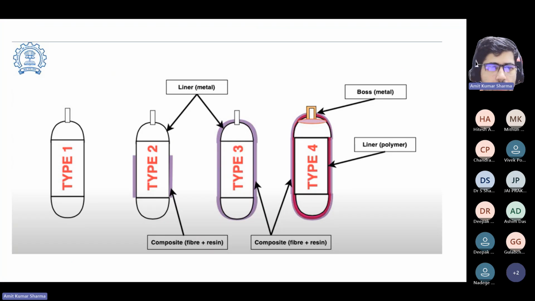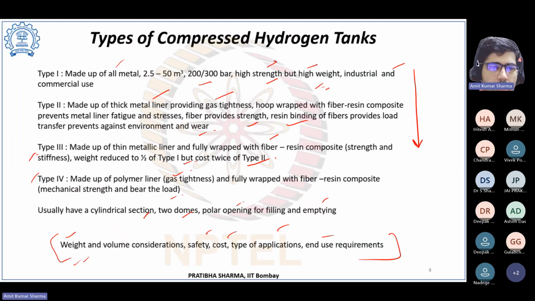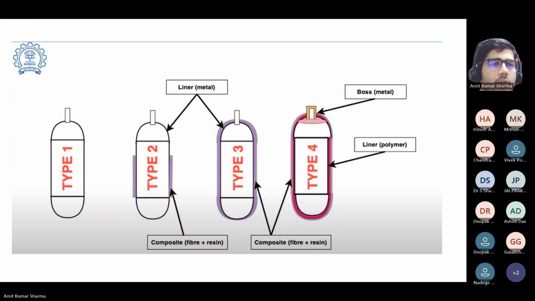Now let's see the types. So cylindrical, with two domes mentioned here. Type 1 is all metal. In type 2 the liner is metal, but you have composite fiber resin outside.